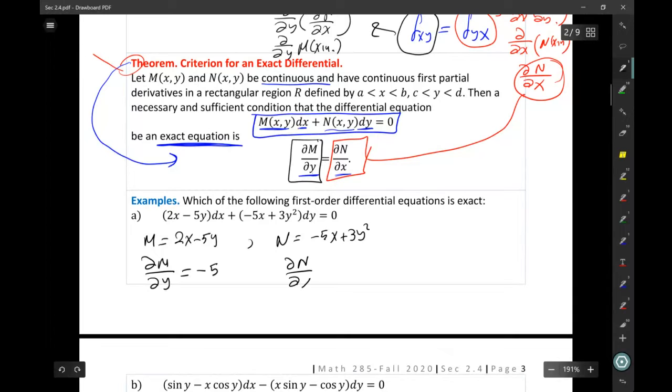Well, dN by dx partially, it is also minus 5. So we say that dM by dy is equal to dN by dx, then it is an exact differential equation.